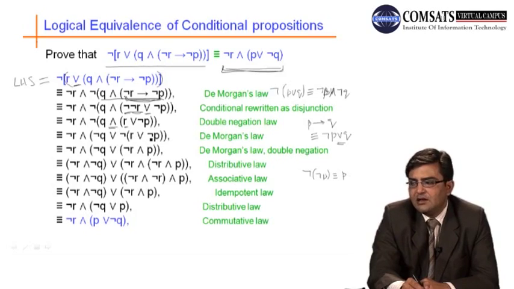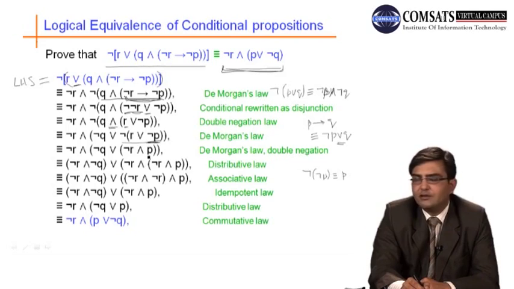Again we apply De Morgan's law on this expression: not R, this disjunction operator will be converted to conjunction operator, and we have not of not P. Here again we apply the double negation law and obtain P. So now we have not R and not Q, or not R and P.